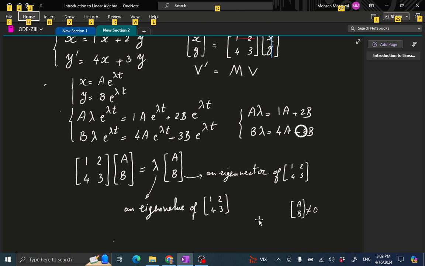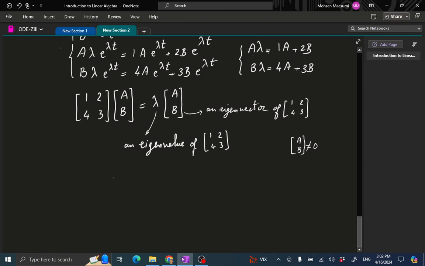I'm going to take this equation and rearrange it. I take lambda a to the left, so it was 1a, and then I subtract lambda a, and then I have 2b, equal to 0. In the next line I have 4a, and then 3b minus lambda b, equal to 0. Let's factor.